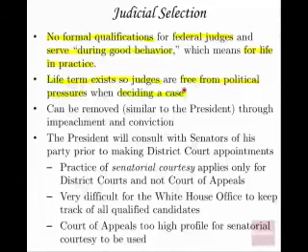Justices retain their judicial independence. But they can be removed, similar to the president, through impeachment and conviction. Again, it's very rare for this to happen, but this is a process that is out there to remove justices when they do not abide by good behavior.